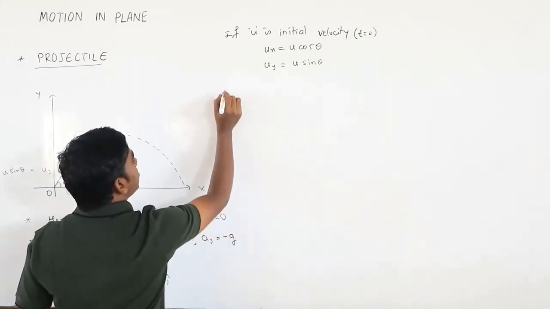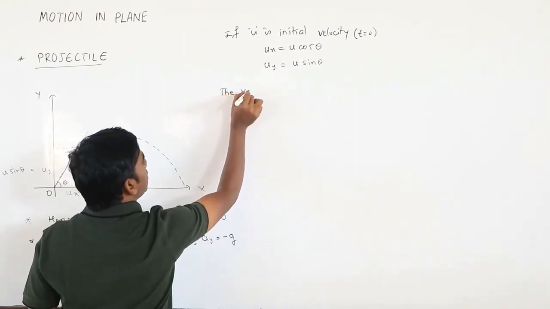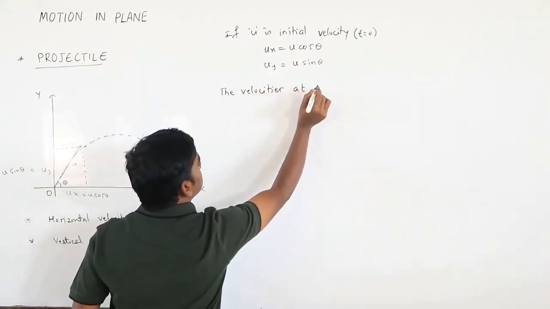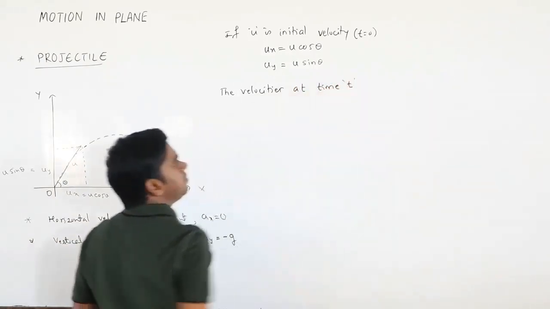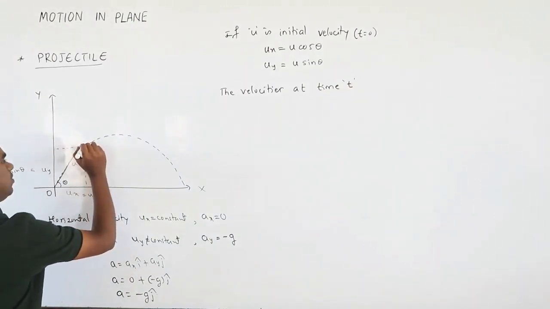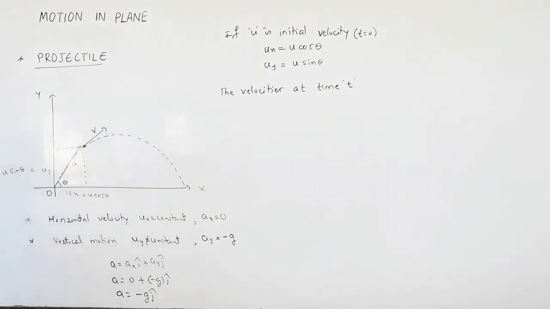After some time, at time t, when it comes over here, its velocity will become v.